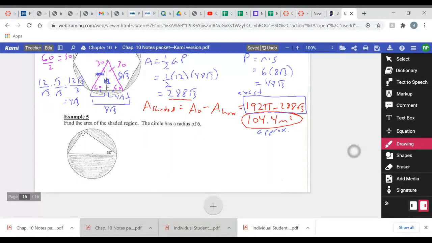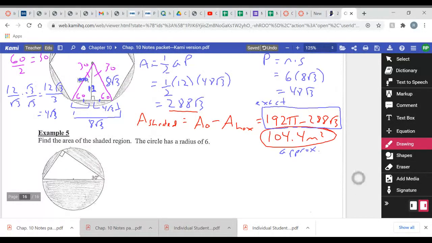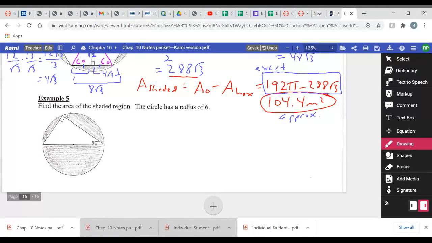All right, last problem, big finale here. Okay, made it a little bit bigger. So this says find the area of the shaded region. The circle has a radius of 6. So same idea as what we just did. This one's not quite as much work just because of the type of triangle it is. But again, we're starting off with the area of the circle, which is pi r squared.